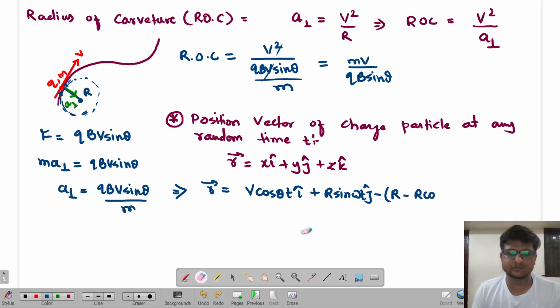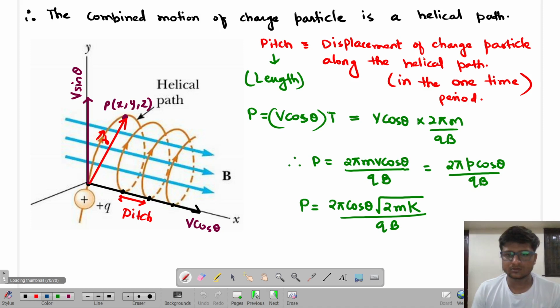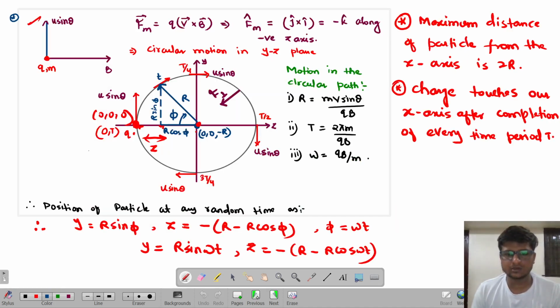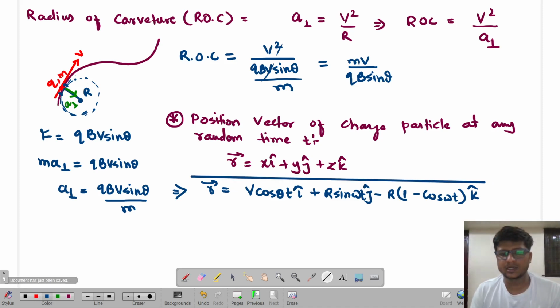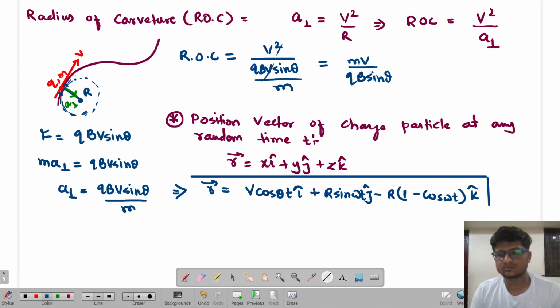Let's take r common. If I take r common, then I'll be left with 1 minus cos omega t k cap. So this is the formula of the position vector of the particle at any time t.